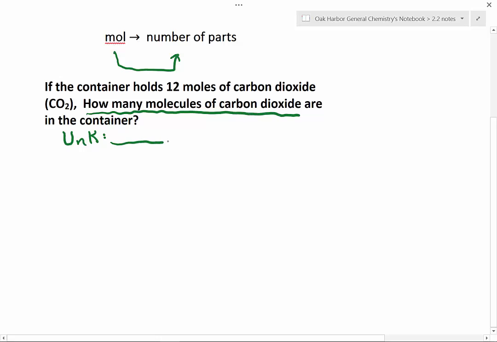So that's what I'm looking for, molecules of CO2. How many of those do we have? The thing I know that I'm starting with is 12 moles of carbon dioxide.